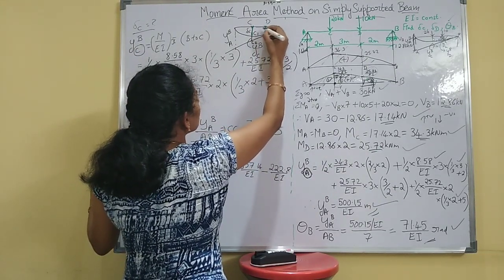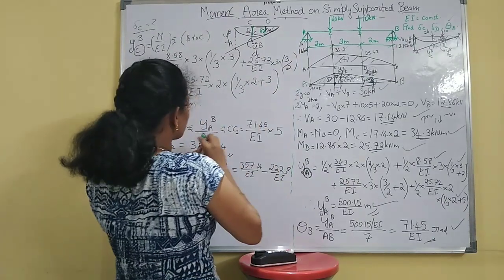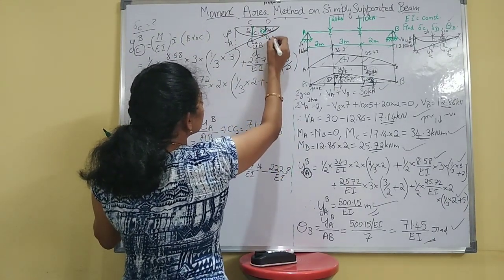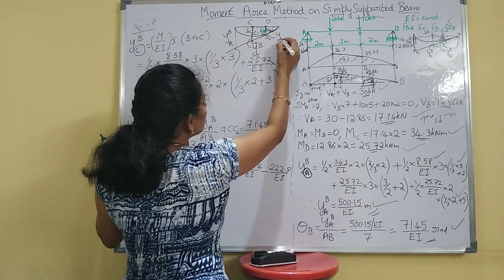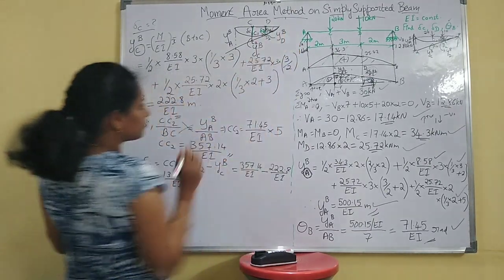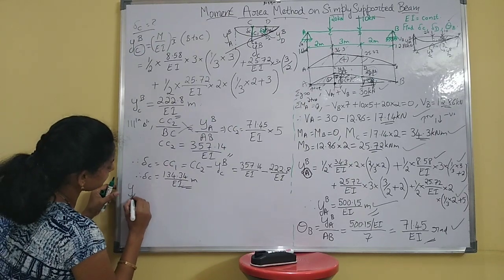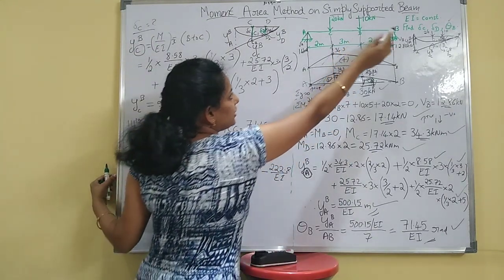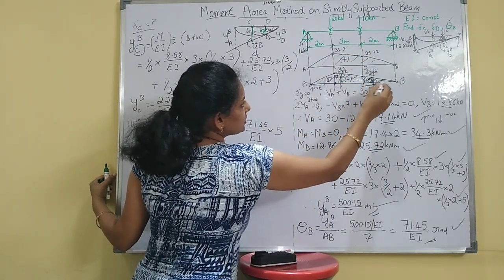Okay, next we will find out this in this region. So this is your delta D. This will be your D1 and this is D2. This small part is nothing but Y D B. First find out Y D B. Y D B is equal to, now region is D2B. So you have to consider only this part.